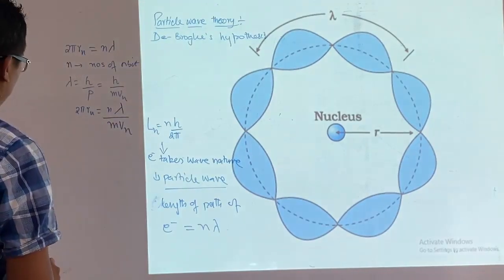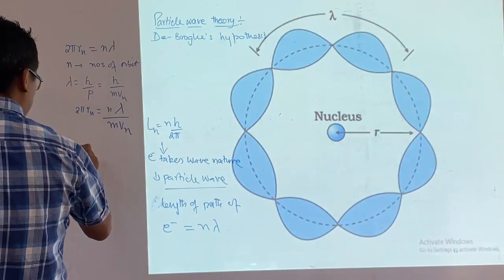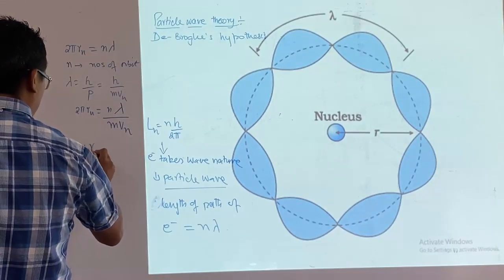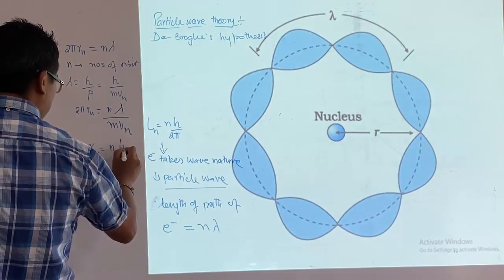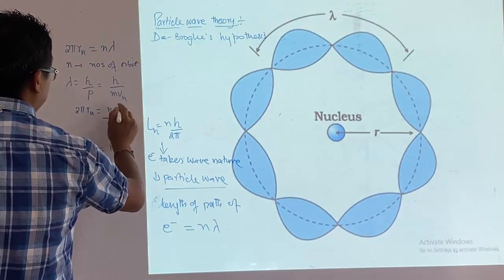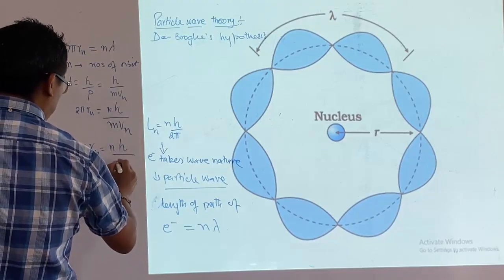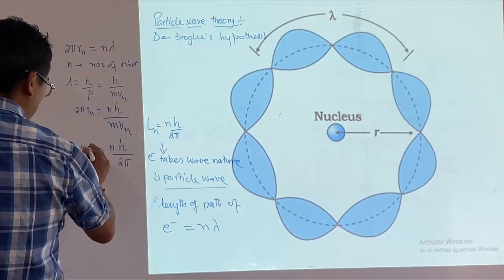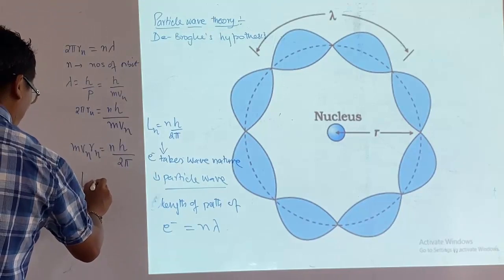This is what we have. And now it goes this side: mv_n r_n must be equal to nh divided by 2π. So this is angular momentum. Look at here, now we get, right?